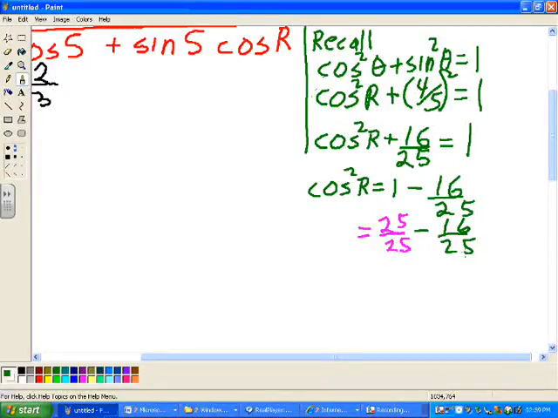They're both over the same denominator now. So if I have 25 of them and I take away 16, I hope it's not 19. Maybe 9. Actually, that's an R.